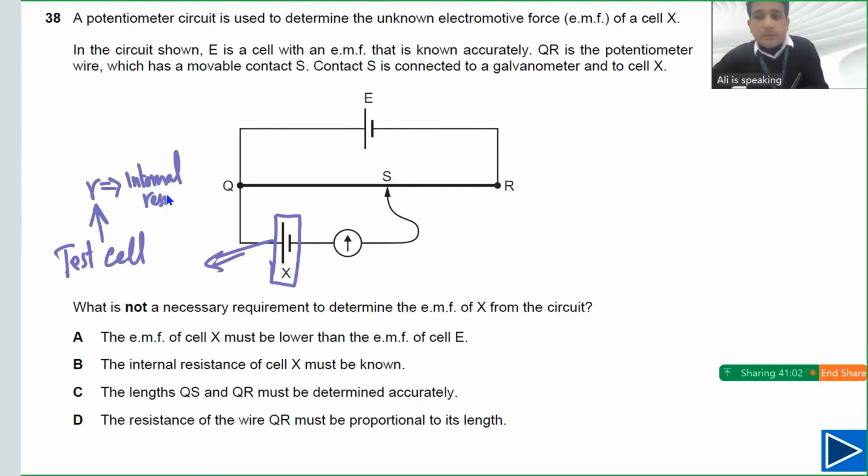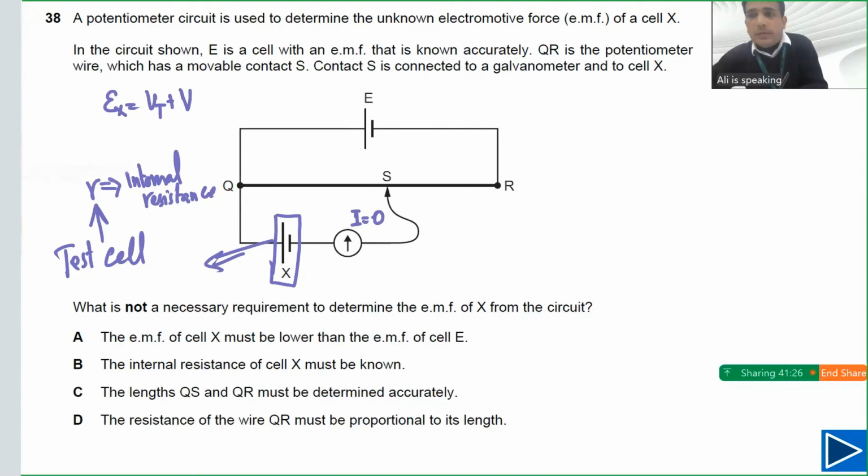Internal resistance we don't need, because when I is 0, meaning the balance point, the galvanometer is balanced, so no current flows. If no current flows, it means the EMF of this cell, EX, is equal to the terminal potential difference plus the voltage lost, V lost.